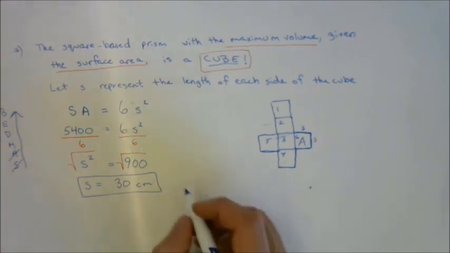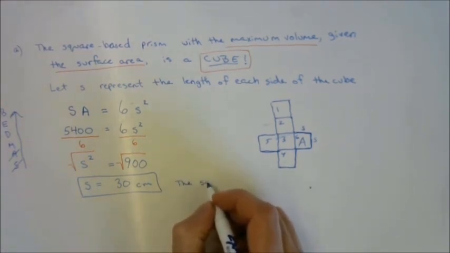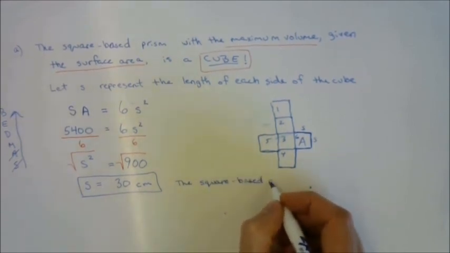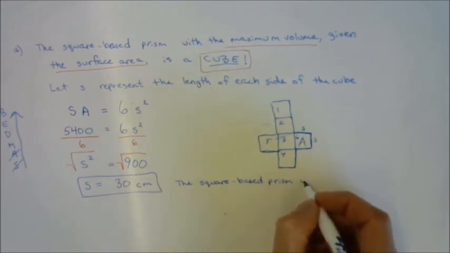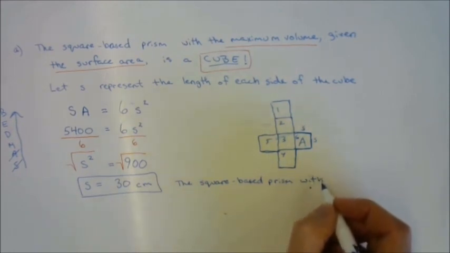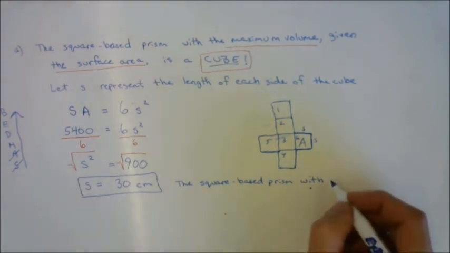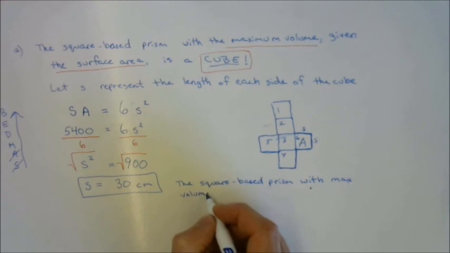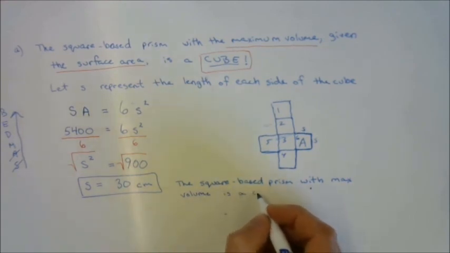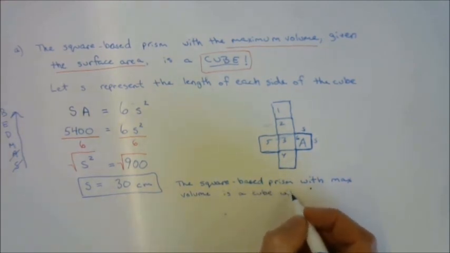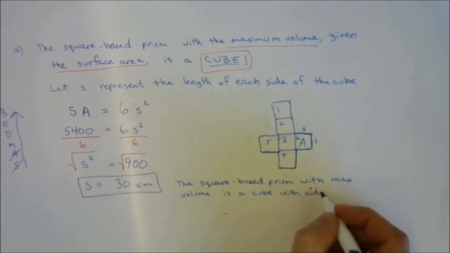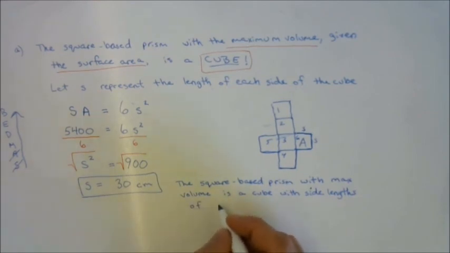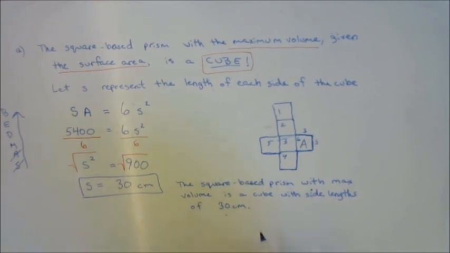So the square-based prism with maximum volume is a cube with side lengths of 30 centimeters.